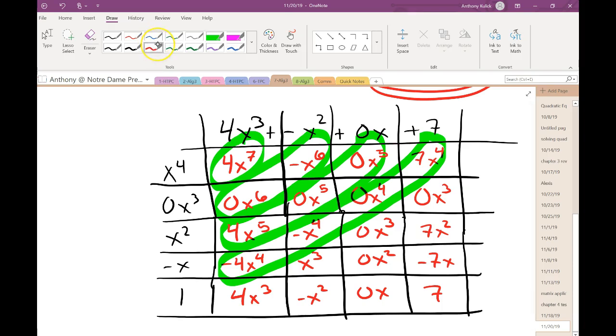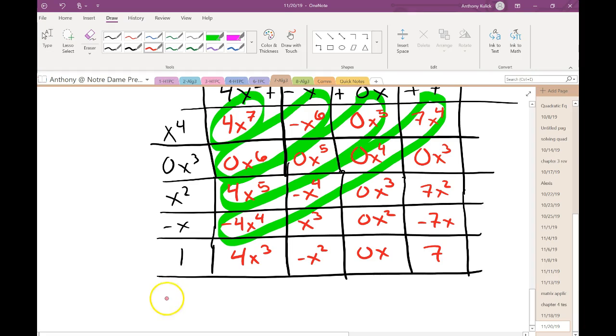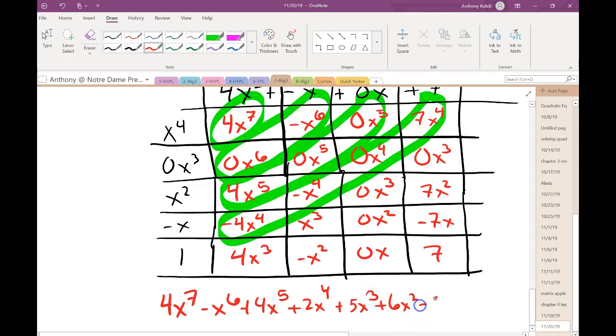I don't have to sit there and hunt for, oh, did I find all the degree 3 things to add together? No, it's not so bad. So the result here is 4x to the 7 minus x to the 6th plus 4x to the 5th plus 2x to the 4th plus 5x to the 3rd, 6x squared minus 7x plus 7.